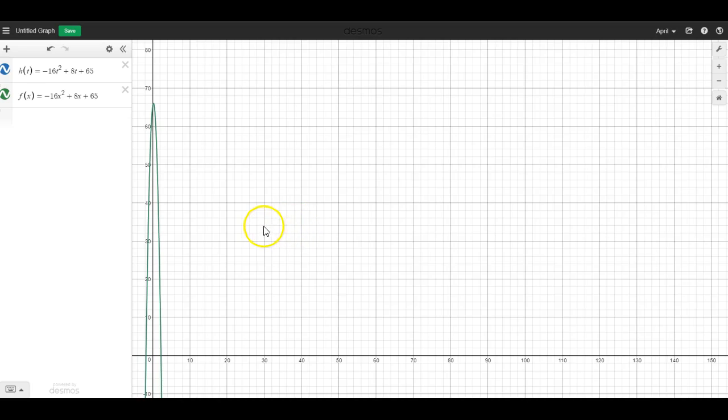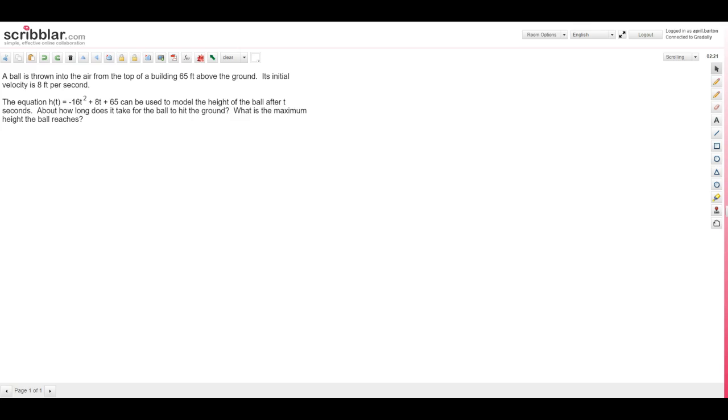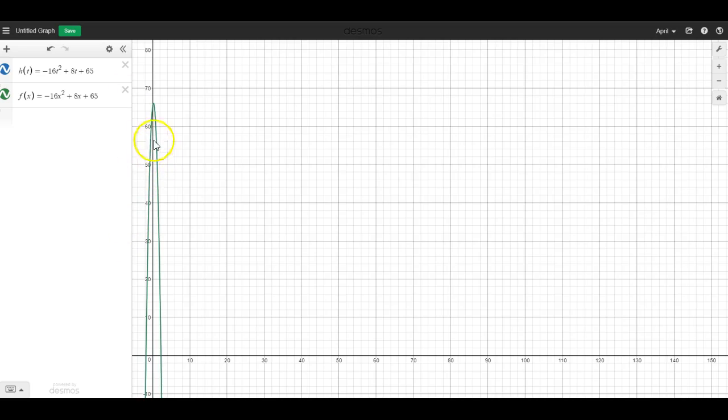The first question said, how long is it going to take for the ball to hit the ground? Well, when we look at our quadratic, you can kind of see it visually. If you throw the ball up in the air, it's going to hit the ground down at the x-axis. This is the 0 or the root. So it's 2.281. We're going to round to the nearest tenth, which is 2.3.